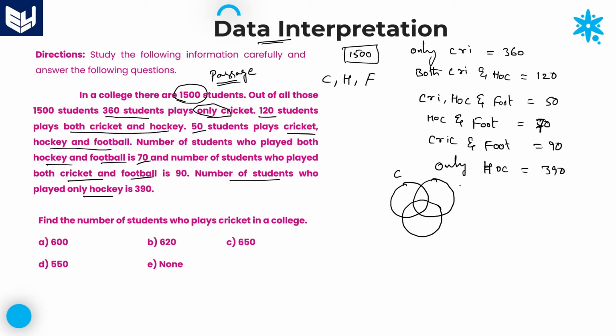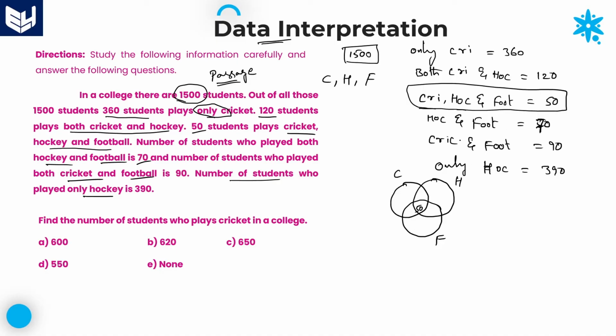Now, first and foremost, you need to fill the intersection of cricket, hockey and football. How many members are playing all the games? That is equal to 50. It means this value is 50.